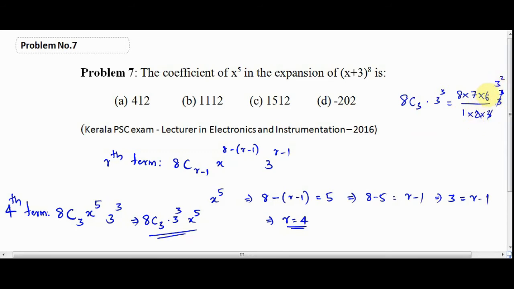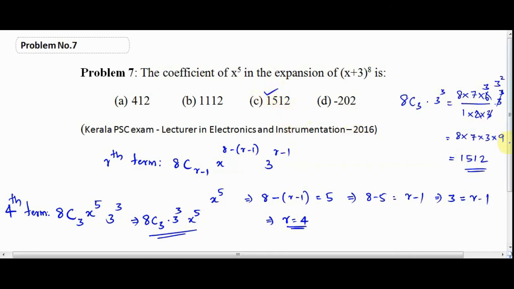Then we have 2 here and this 6, when we cancel we get another 3. So what we get is 8 into 7 into 3 into 9, since 3 raised to 2 is 9. When you calculate this we get 1512. So here the right answer is given by option C, that is 1512.